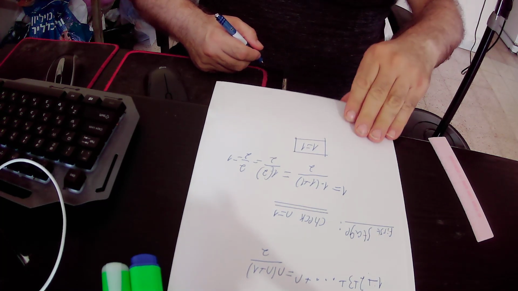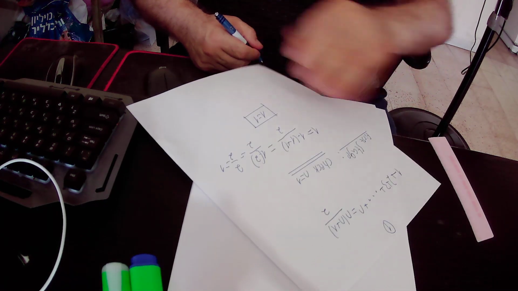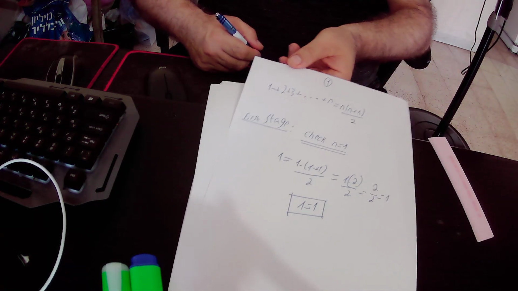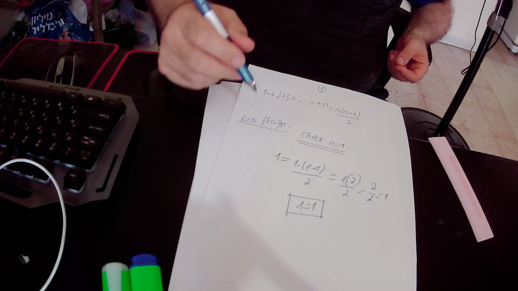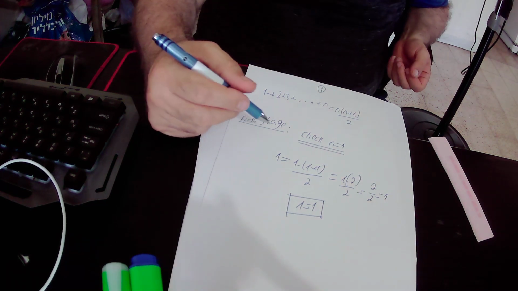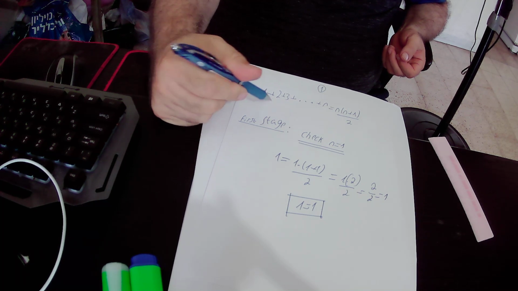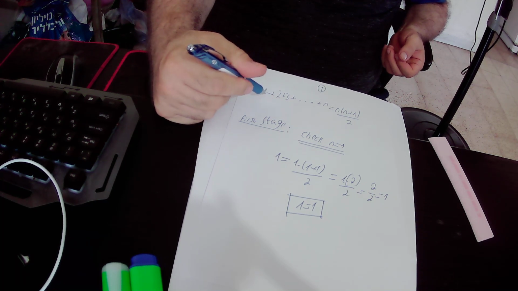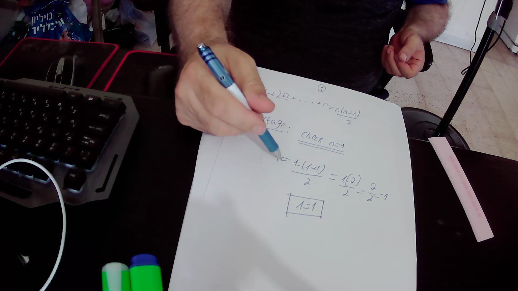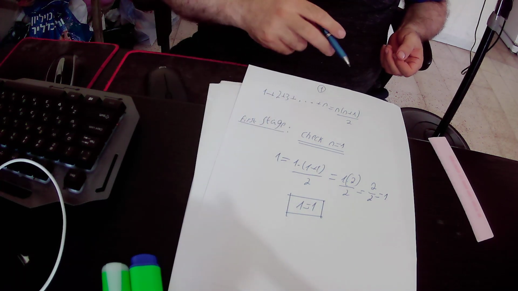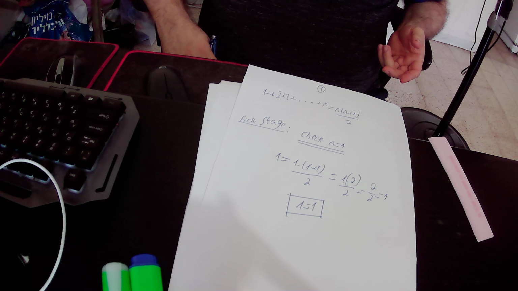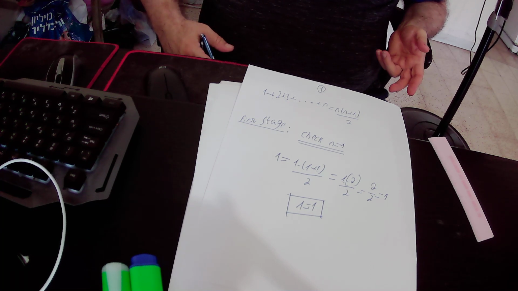Okay, as you can see here, we checked if the statement is true for n equals 1. Because n equals 1, we have on this side of the equation 1, and on the other side of the equation we have n times n plus 1 divided by 2, and n equals 1.